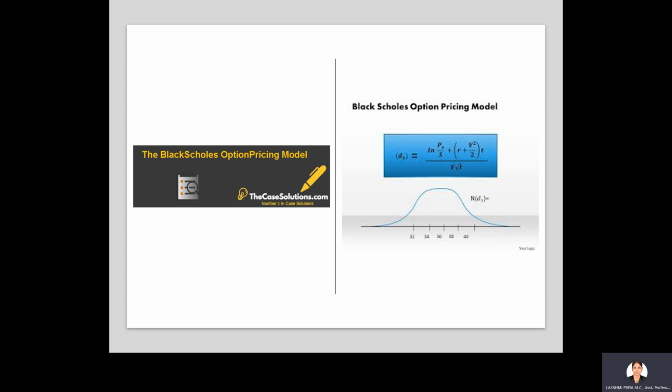We also will discuss the enterprise valuation multiples, and the most common enterprise valuation multiples in use are EV to EBITDA multiple, EV to EBIT multiple, EV to free cash flow to the firm, EV to book value multiple, and EV to sales multiple.